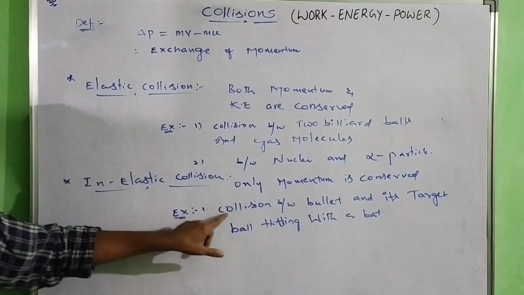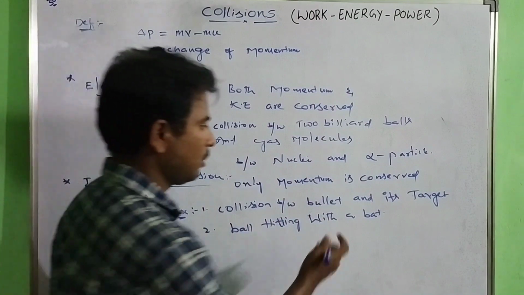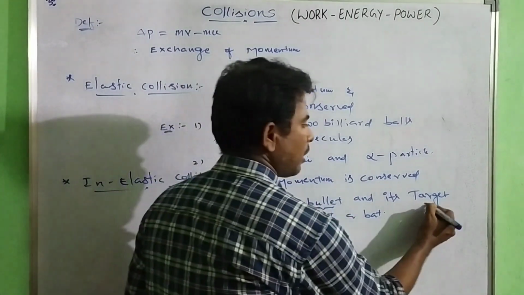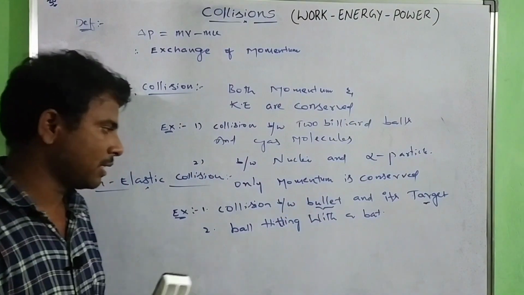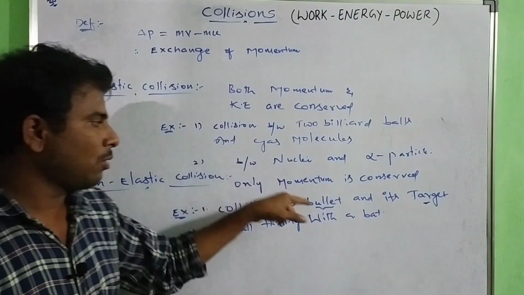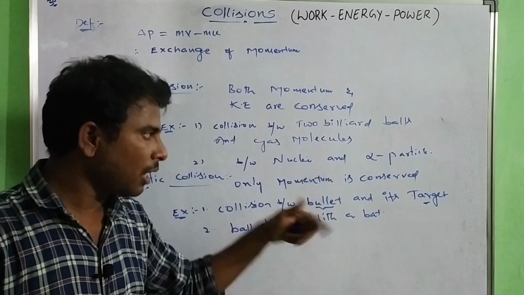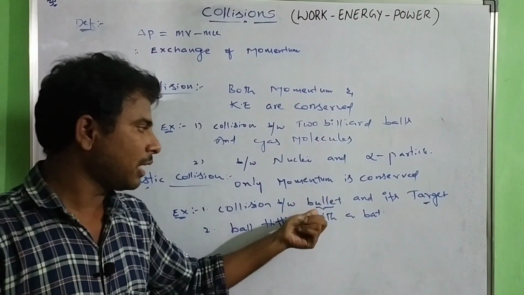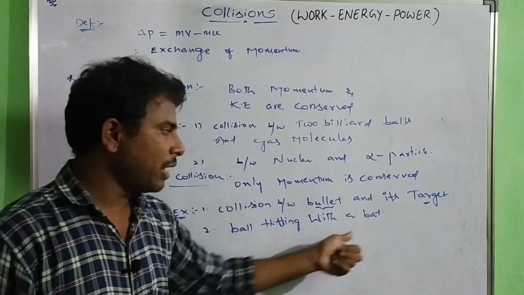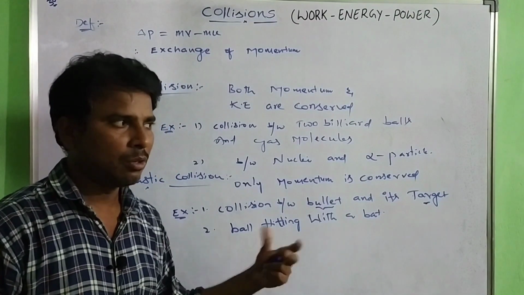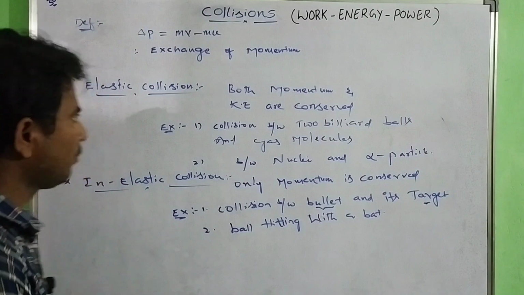In inelastic collision, the main one is a bullet and a target. These two systems are separated by some distance, and now the bullet enters the wooden block or target, and its kinetic energy is lost. Second one is a ball hit by a bat. We must observe this in the cricket game.